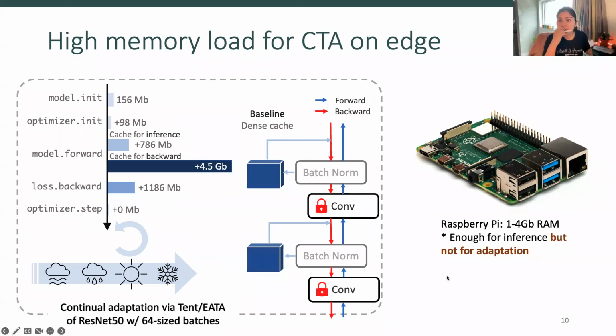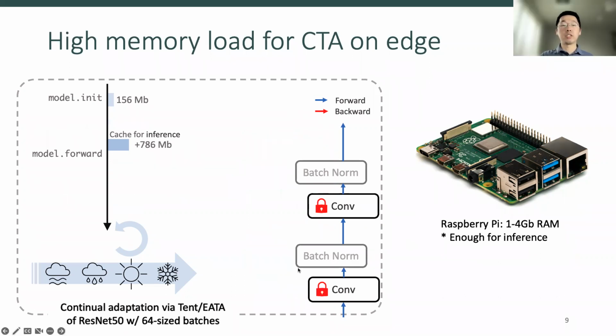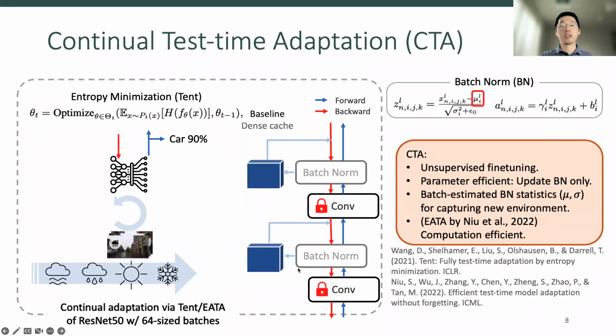I have a question. You talk about TENT and EATA here, not about CoTTA. Is CoTTA better at memory consumption? No, actually, CoTTA is not efficient in terms of memory, and also it's not efficient in computation. CoTTA is even more complicated because it will do end-to-end updates.